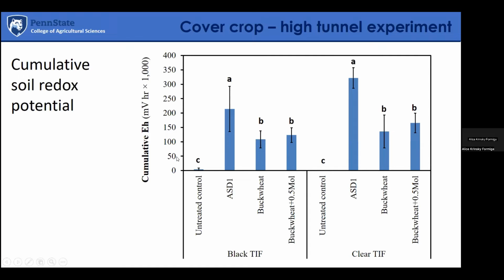Now, our threshold to say that a treatment is effective in terms of ASD treatment is this 50,000 millivolts per hour. So you can see that all the treatments except the untreated control were above that line. So the treatment was effective.